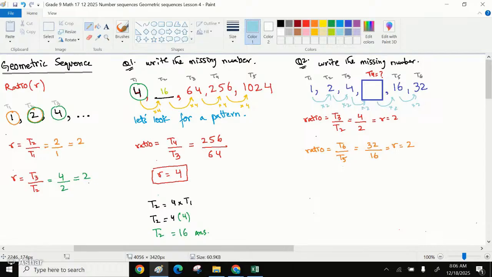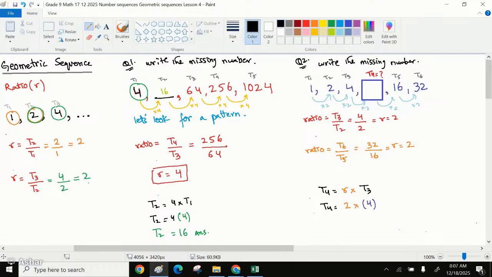So that means if we need to find term number 4, term number 4 is r times the previous term, that is term number 3. That means term 4 is 2 times the previous term, and term number 3 was 4.